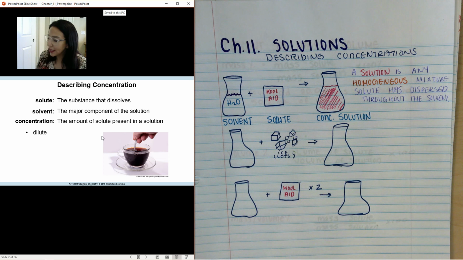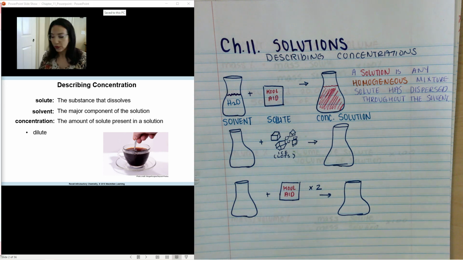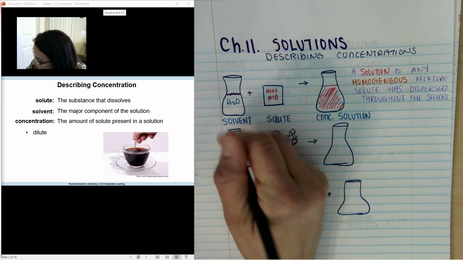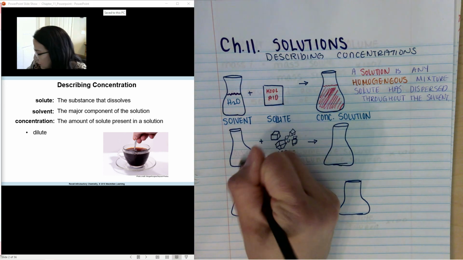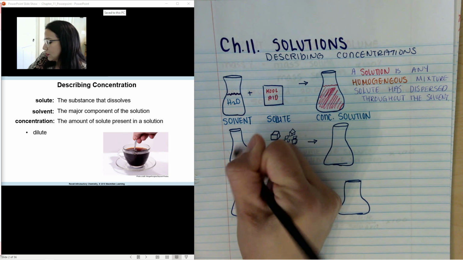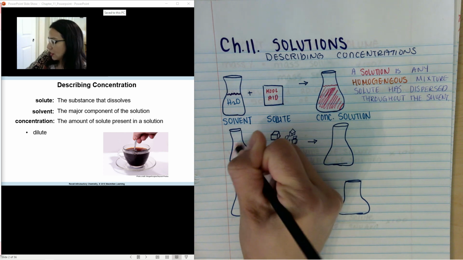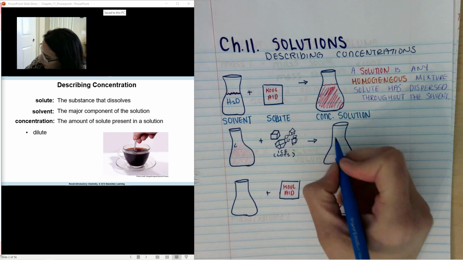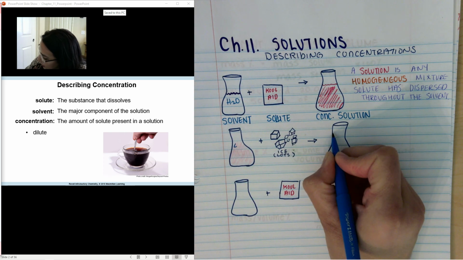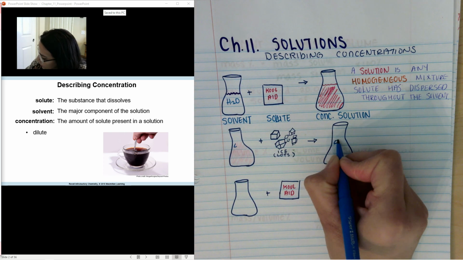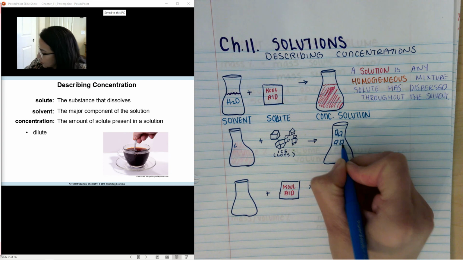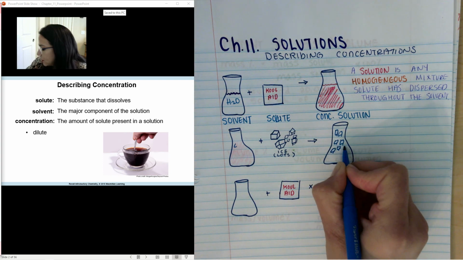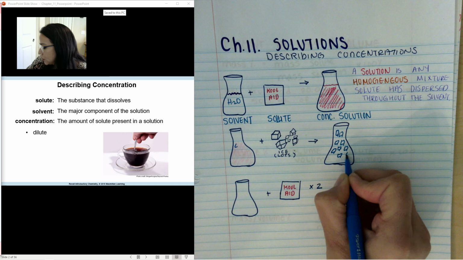Now, what if we were to take our new concentrated solution and add some ice to it? I'm going to use this color pencil to do this. So we added ice, tons of ice, ice everywhere to our solution.